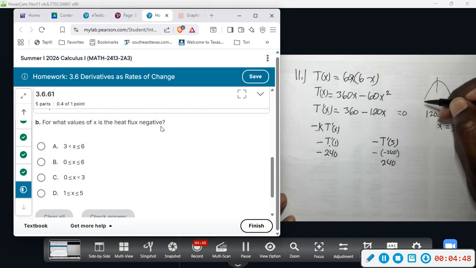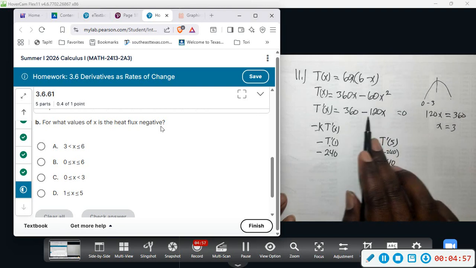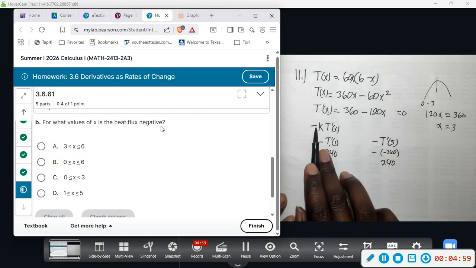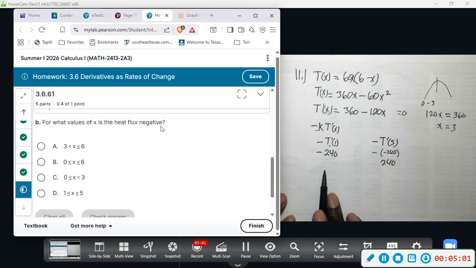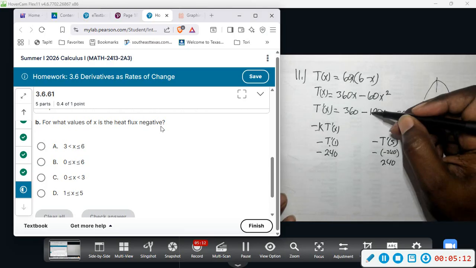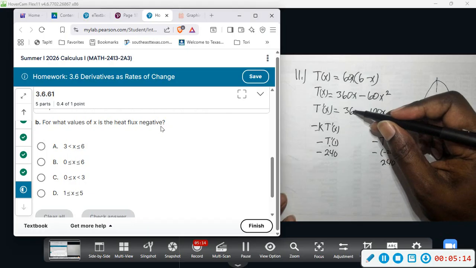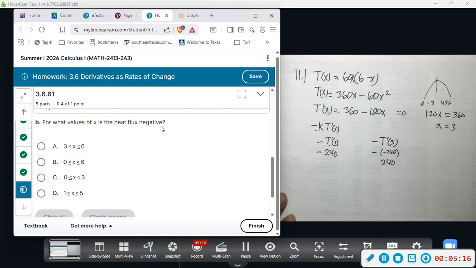So from 0 to 3, or 0, 1, and 2, when x is less than 3, we're going to get positive slope values, and the positive times a negative becomes negative. When we do 4, 5, and 6, those are going to be on the other side of this maximum. These will give us negative slope values, and a negative times a negative will give us a positive.